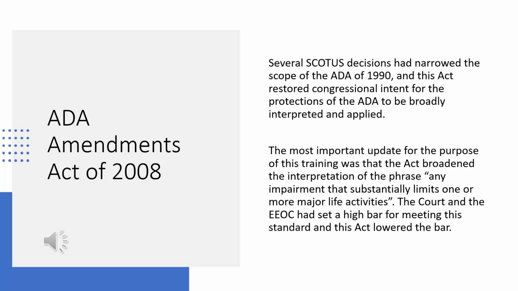Congress found that persons with many types of impairments, including epilepsy, diabetes, multiple sclerosis, major depression, or bipolar disorder, had been unable to bring ADA claims because they were found not to meet the ADA's definition of disability. And so following the ADA Amendments Act of 2008, an impairment need not prevent or severely or significantly limit a major life activity to be considered substantially limiting.